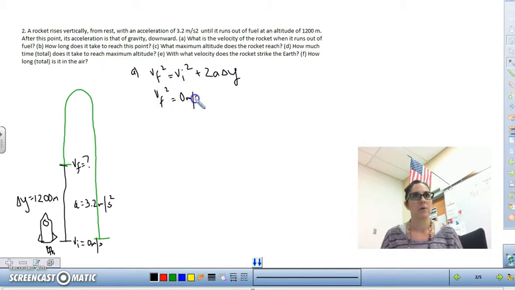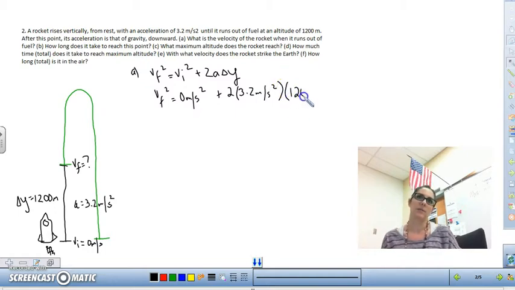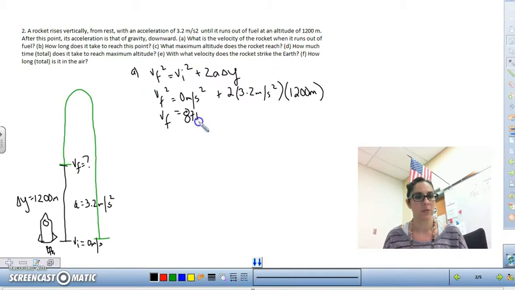Let me plug in the numbers so you can see how this is set up. The rocket initially starts at rest. Its acceleration during that time is 3.2 meters per second squared. And then we have our height, or altitude. When we solve this out, the final velocity is the square root of 2 times 3.2 times 1200, which gives 87.64 meters per second.